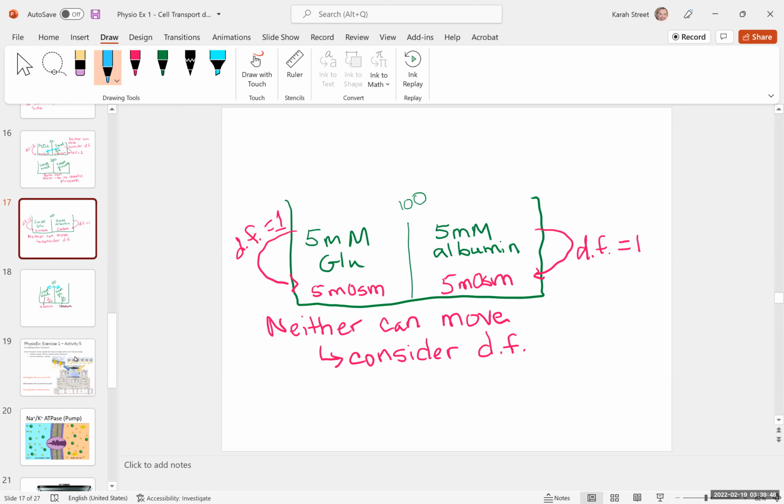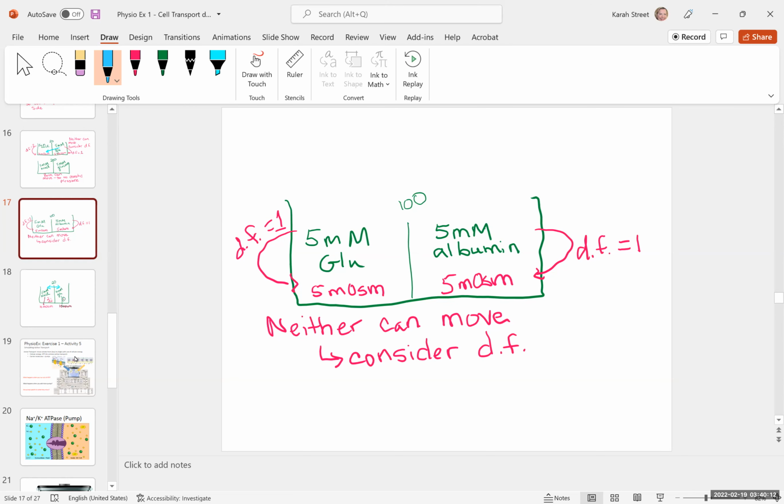The answer is no. So when the answer is neither can move, I must move to the next consideration, which is dissociation factor. Both of these solutes have a dissociation factor of 1, which means both of them will have the same 5 milliosmolar solutions.